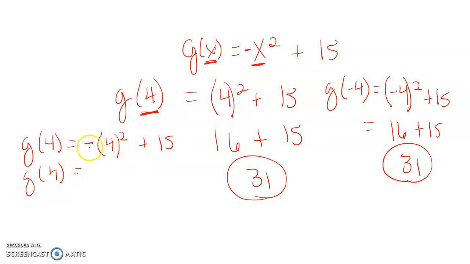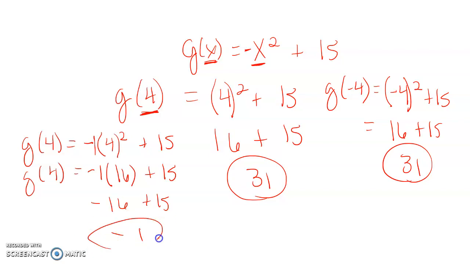That negative sign is outside the parentheses. It's not a part of it. That negative sign really means negative 1. So really what we have is negative 1 times 4 squared, which is 16, plus 15. Negative 1 times 16 is negative 16, plus 15 is negative 1.